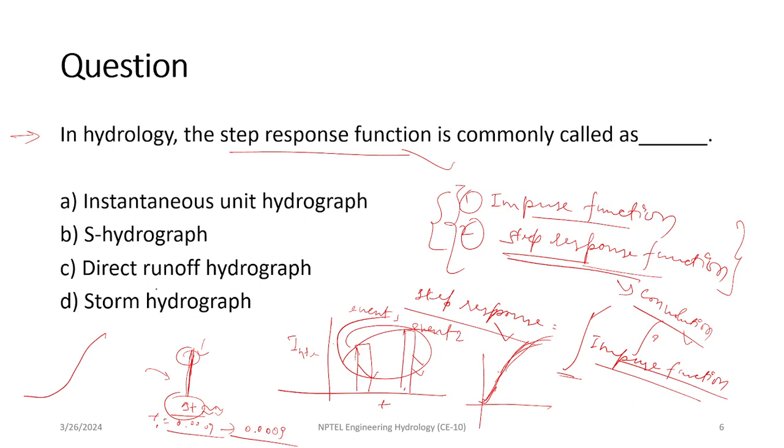Yes, definitely, if you are talking about the hydrograph, then of course it will have both a rising as well as a falling limb, in all the cases like D as well as C, and the instantaneous unit hydrograph. But if I talk about the S curve, it will straighten out after a certain interval of time. So basically this step response function represents a hydrograph, getting cumulatively added, and at the end it will become constant.